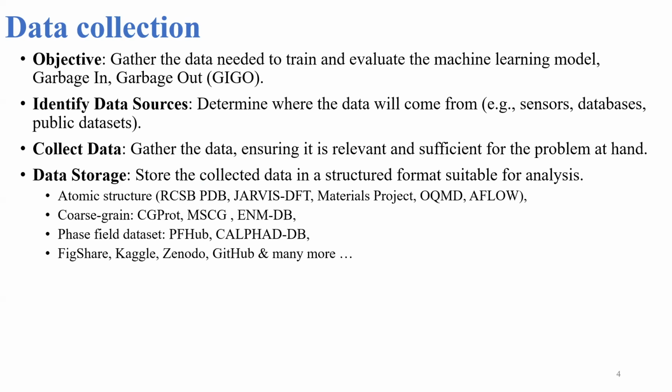And as we said, we have to store the data in a particular format, or it's already available somewhere, such as for atomic structure data sets. We already looked into some of these data sets in the previous modules, such as RCSB, Protein Data Bank, JARVIS-DFT, JARVIS-FF, Materials Project, Open Quantum Materials Database, Automatic Flow Library data set, coarse graining, phase field data set, and there are also many other general data sets such as Figshare, Zenodo, Kaggle, and of course some people put data sets on GitHub and so on.